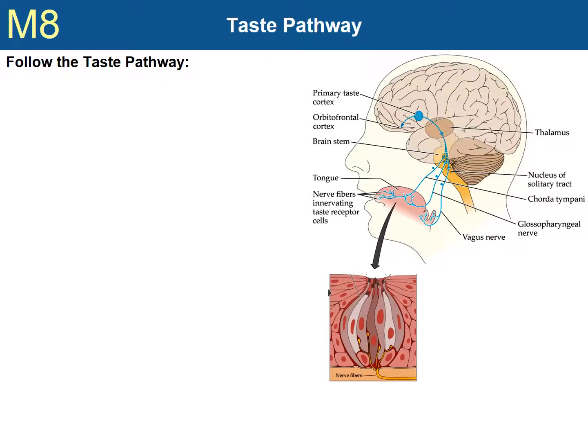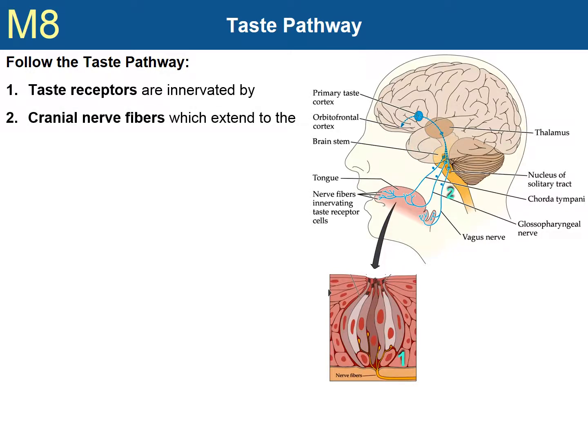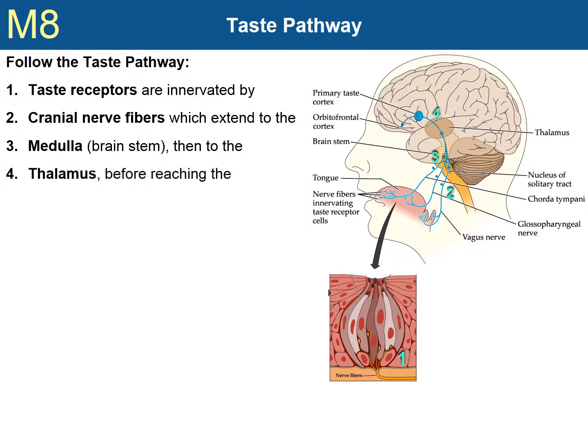The taste pathway begins at the taste receptors, which are innervated by the cranial nerve fibers. These fibers extend to the brainstem, where they synapse on other neurons. These neurons then extend their axons to the thalamus, where again they synapse on other neurons.